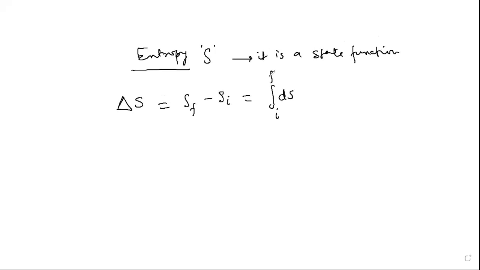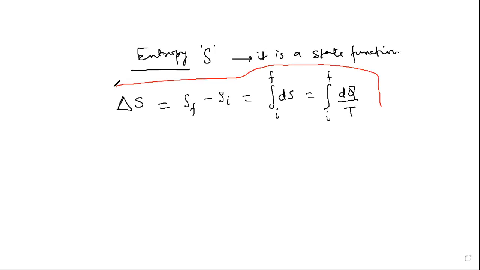We also justified that it is a state function, and we showed that the change in entropy between any two states I and F, that is SF minus SI, is equal to the integral of dS from I to F, which is in turn equal to the integral from I to F of dq by T, where dq is the amount of heat that enters the system and T is the absolute temperature of the system.